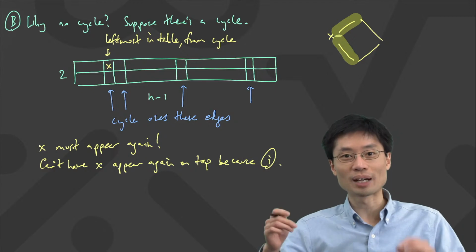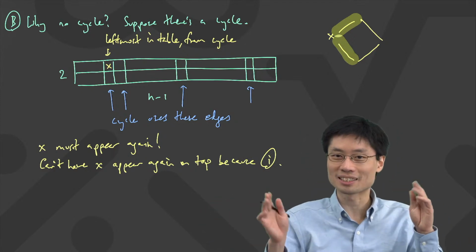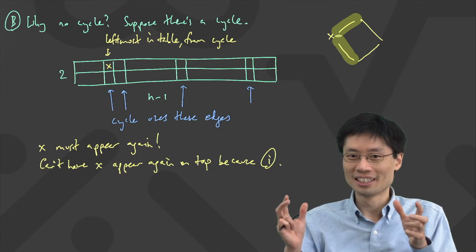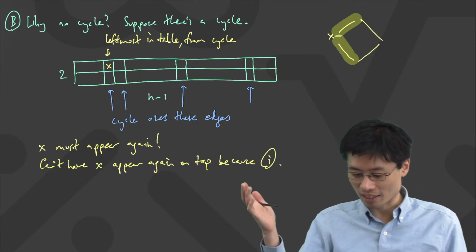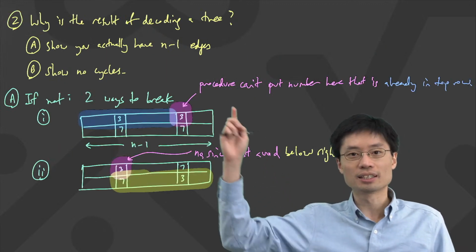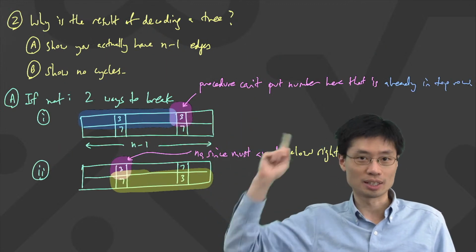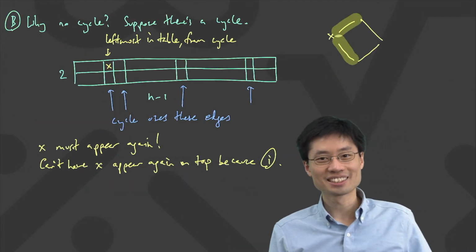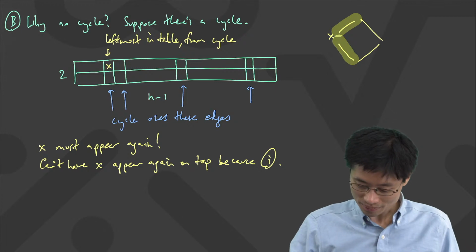There's actually a reason why I did the previous example. I'm claiming that this thing about the n minus 1 edges is basically the same argument. You see, if it appears again on top, look back one screen. There was this 1 of the same number appearing twice on top. The second one screwed up. Otherwise, it appears again on the bottom.